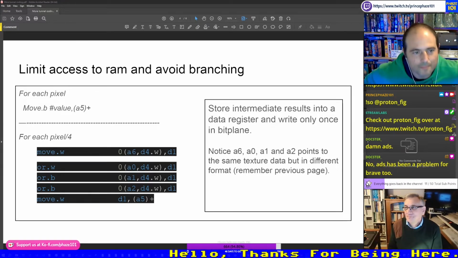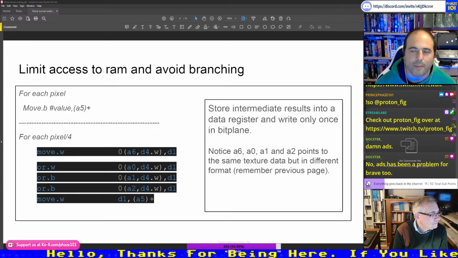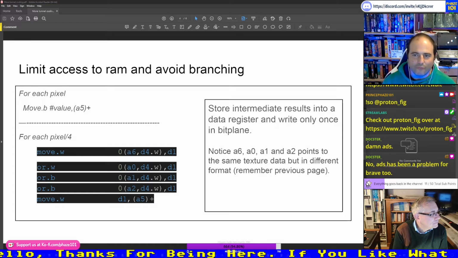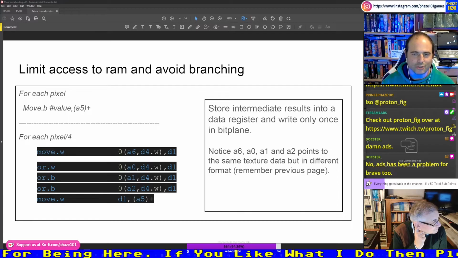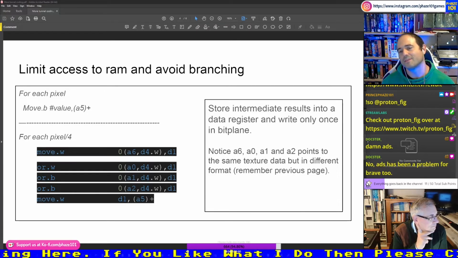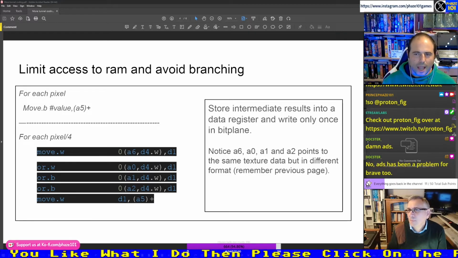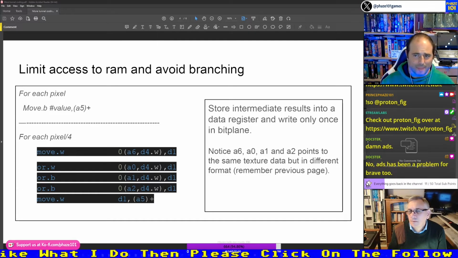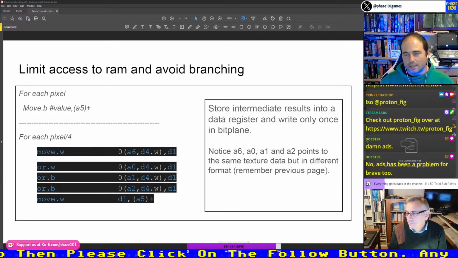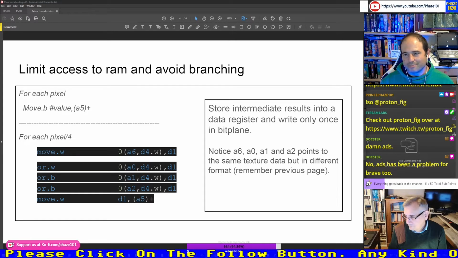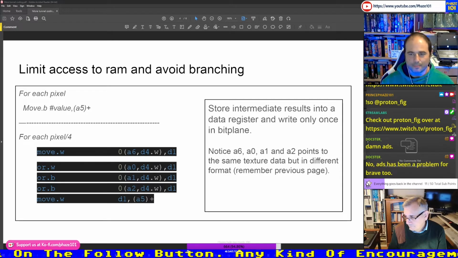So this is why I came out with this crazy idea of 4 different bitmaps, each representing the same image. It's because I want to access the bit plane memory not too many times. I want to reduce the times that I access this memory.